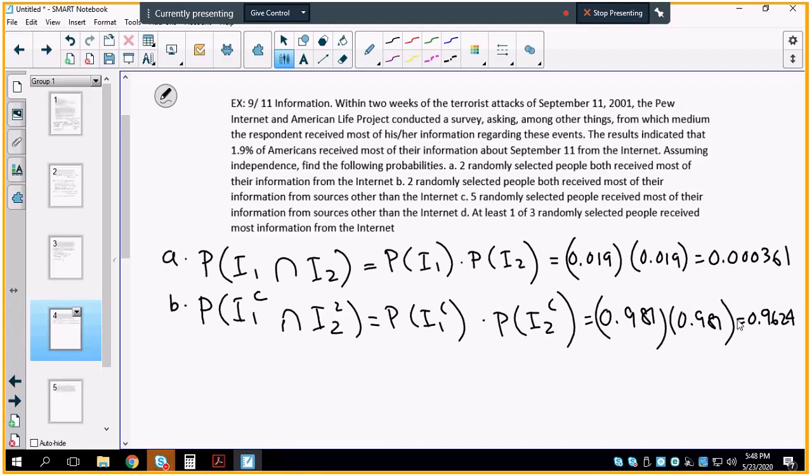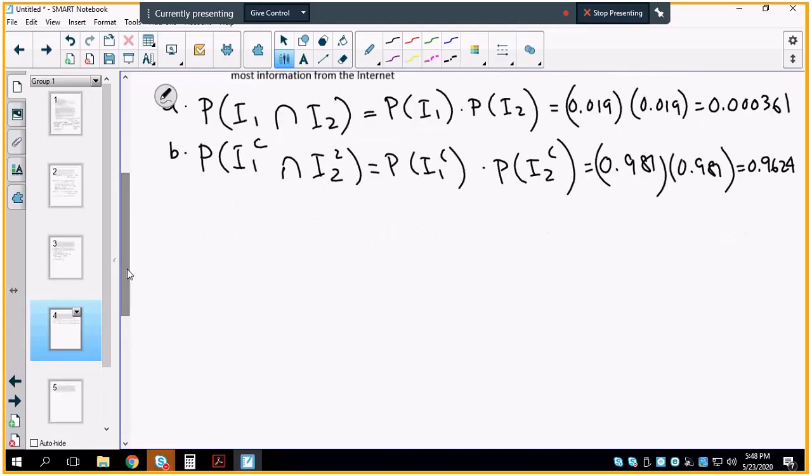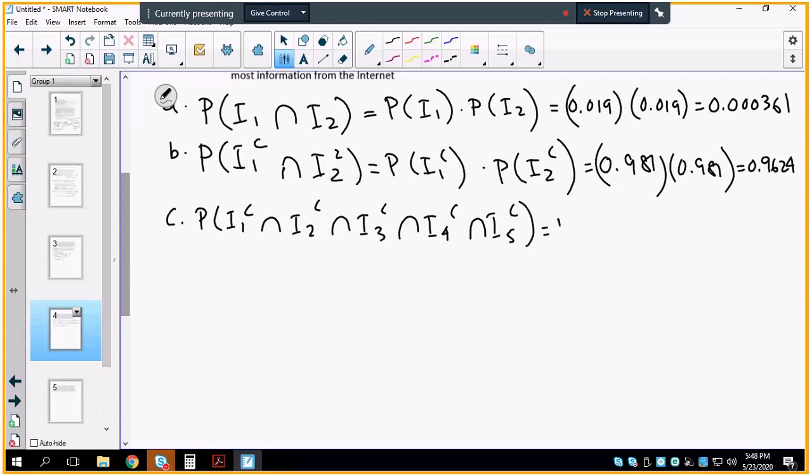Third one, 5 randomly selected people received most of their information from sources other than internet. So the same problem, but I do it for 5 times. So probability of I1 complement intersection I2 complement intersection I3 complement intersection I4 complement intersection I5 complement. And that is product of I1 complement because of the independence times probability of I2 complement times till I get probability of I5 complement.